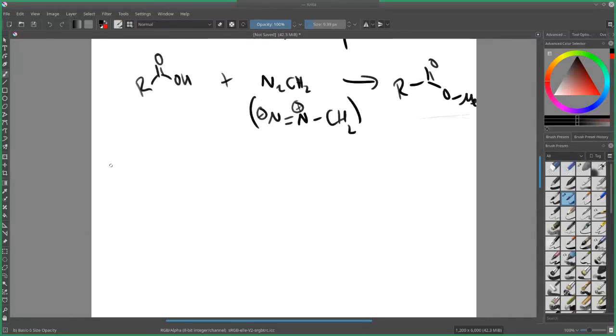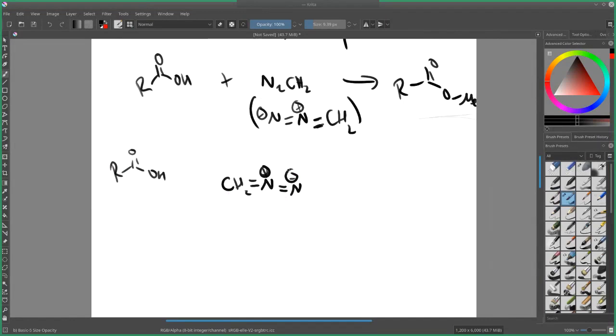So what you do is you have your acid, and then, let me draw. Oh, oops, there should have been a double bond here. Sorry about that, guys. Then you put your diazomethane, right?